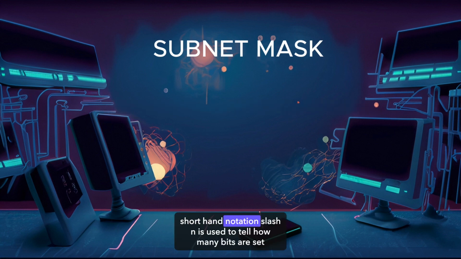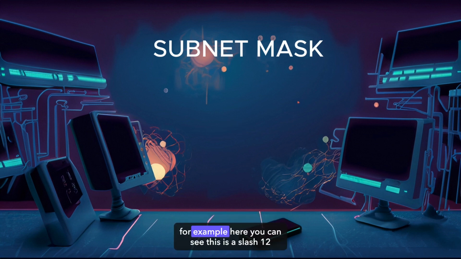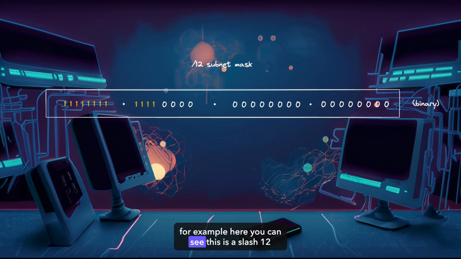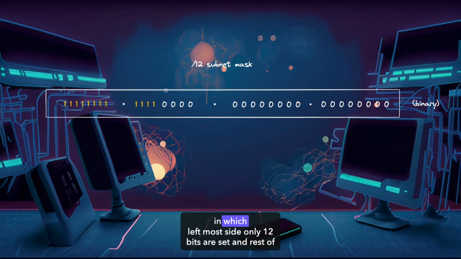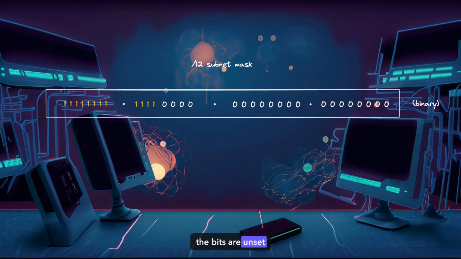A shorthand notation /n is used to tell how many bits are set. For example, here you can see this is a /12 subnet mask in which from the leftmost side only 12 bits are set and the rest of the bits are unset. And this is our /12 subnet mask.